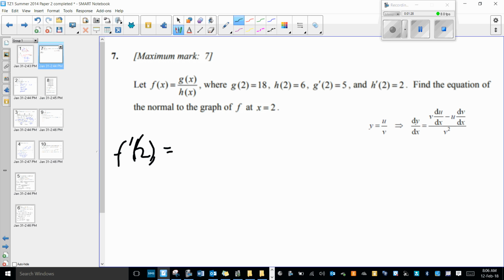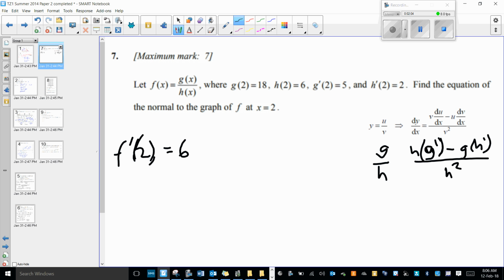So in our u, oh gosh, maybe we should rewrite it. We've got g and h. So we've got h times g', minus g times h', over h squared. Hopefully that's easier.